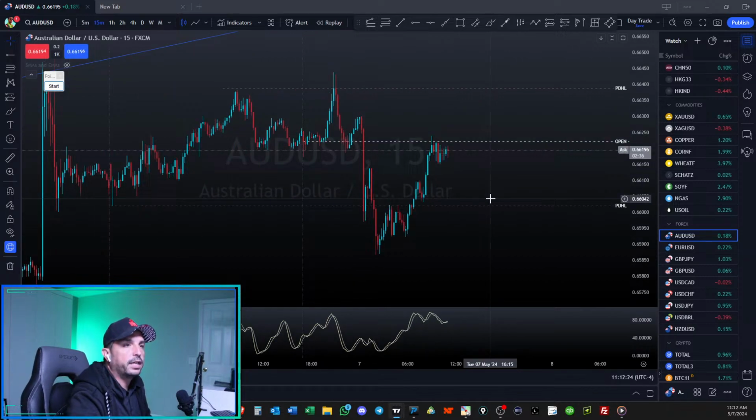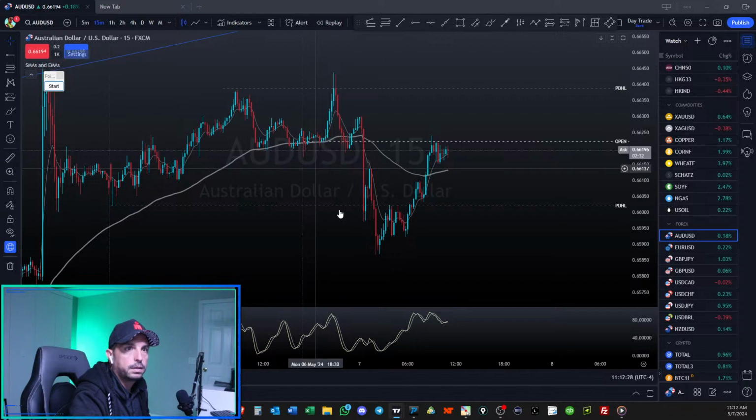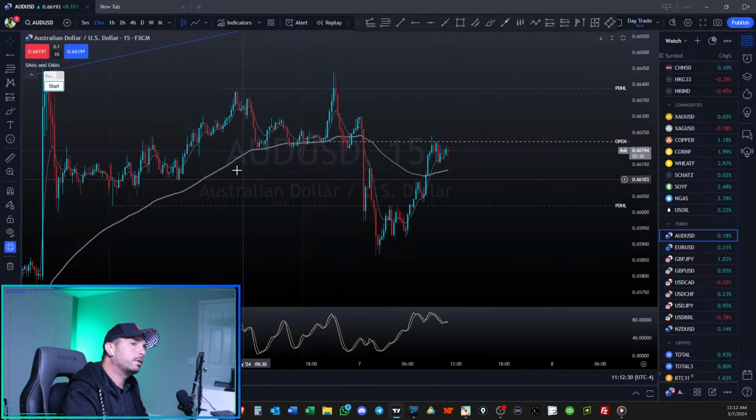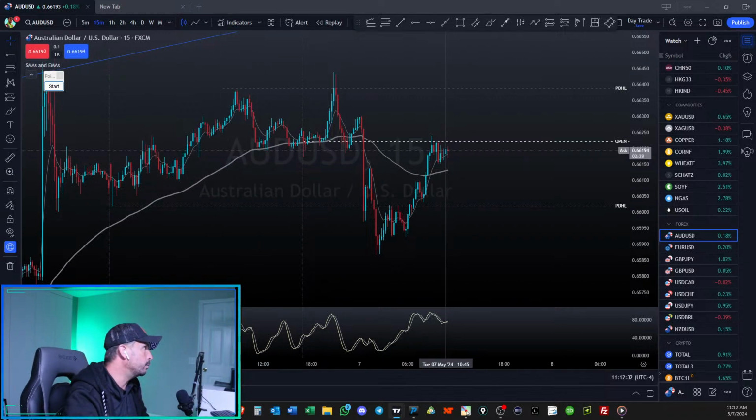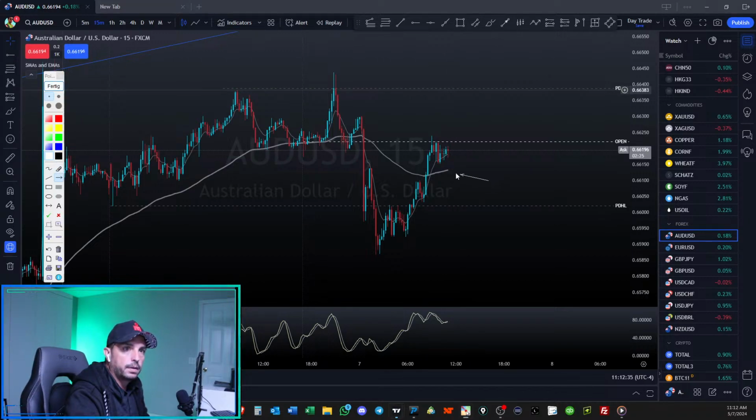So what I'm looking at here, let's put the moving averages. It's the same concept that we were doing on NASDAQ for this one. 80 exponential, and the little one is an 8 exponential moving average.